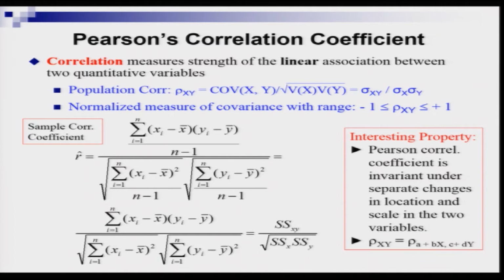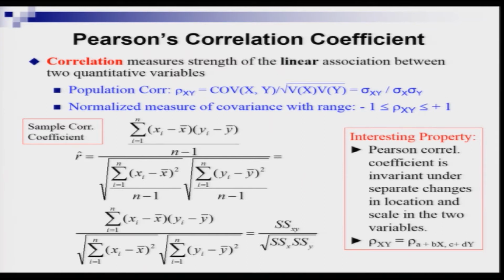Property number 1 says that the Pearson correlation coefficient, both the population and the sample version, is invariant under separate changes in location and scale in the two variables x and y. So, you define two new variables here, say M and N, where M is defined as a plus b times x and N is defined as c plus d times y.